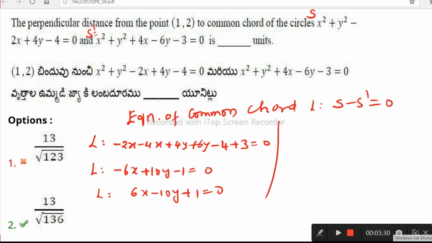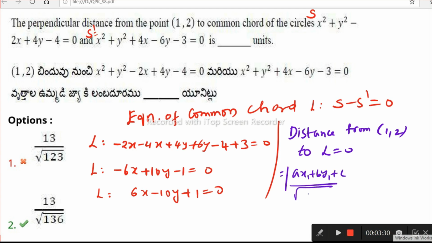Now what we need is simply the distance from the point (1, 2) to the common chord. You know the perpendicular distance formula, and I am using the same here. Now let's find the distance from (1, 2) to L equals 0. What is the formula? You know, mod of ax1 plus by1 plus c by root over a square plus b square.